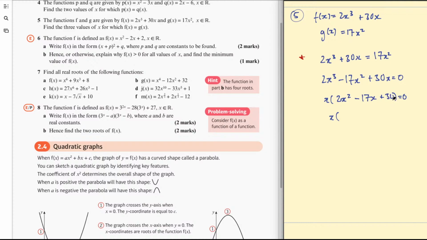So factors of 30 and 2 that make 17. Well, the only factors of 2 are 2 and 1, so we can write those in straight away. So 2x and x. And then what if we had 15 and 2? That's not going to work. So maybe 3 and 10.